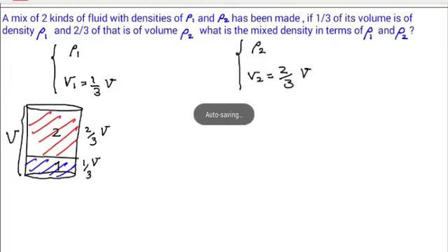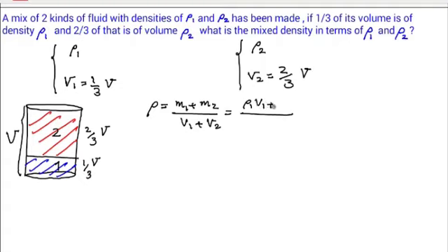So since we have densities of two fluids and their volumes, we can easily calculate the mixed density. And we know that the mixed density equation is written as M1 plus M2 over V of 1 plus V of 2. So here, instead of M of 1, we can write rho of 1 times V of 1.